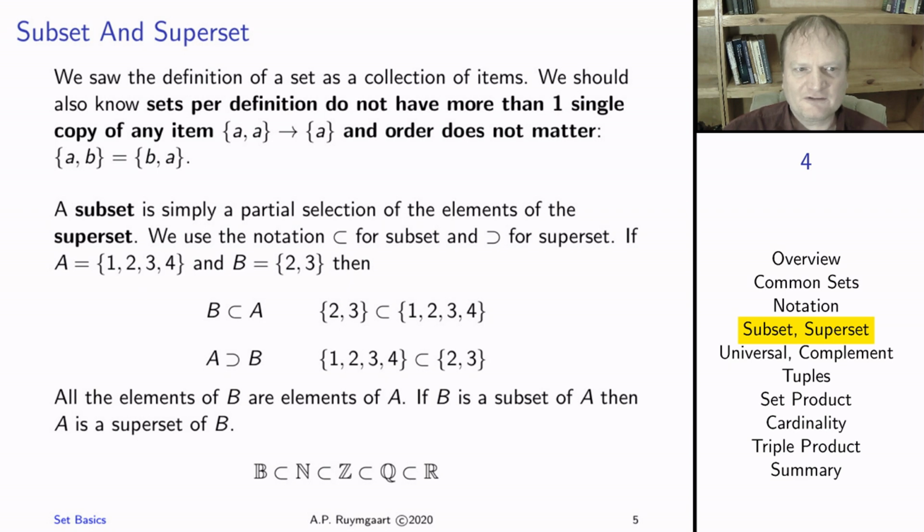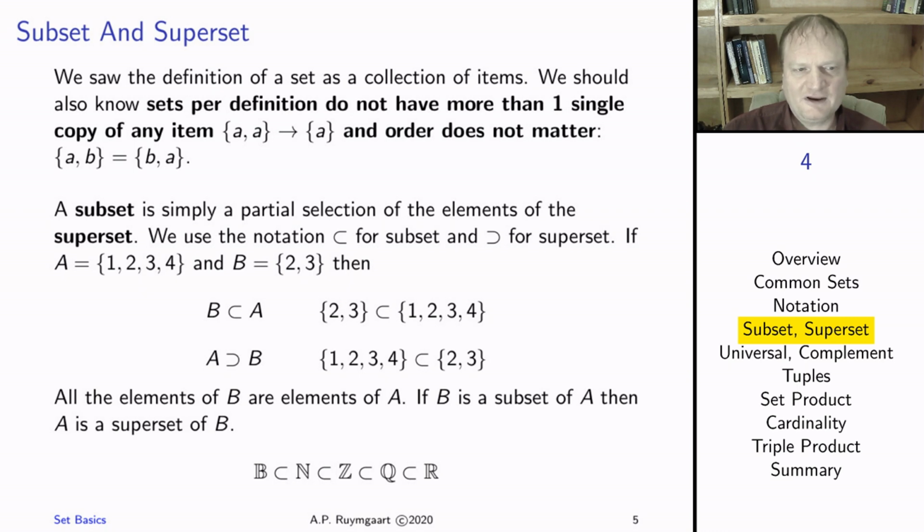A subset is simply a partial selection of the elements of the superset, the superset being the set with more elements in it. And we can use this rotated U symbol for subset and superset, depending on which way it's rotated.